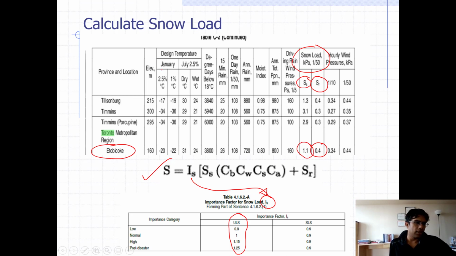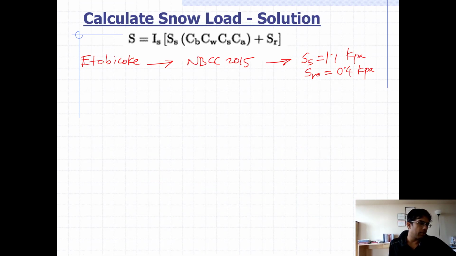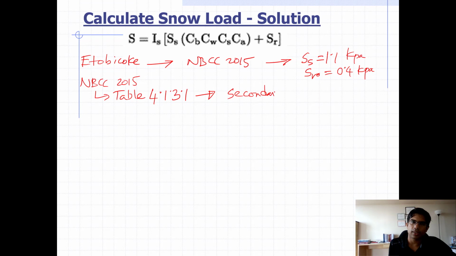So if we go to the table in NBCC 2015, Table 4.1.3.1, and look for a secondary school building, we'll see that its importance category is high.